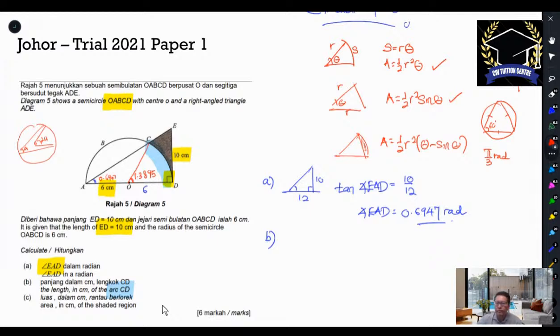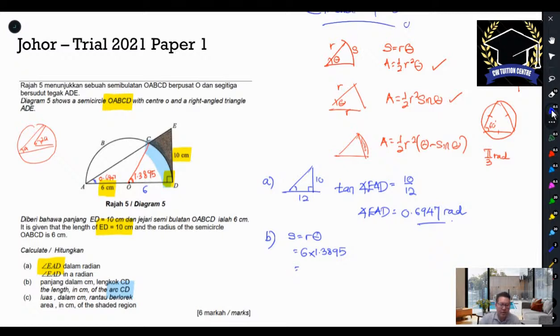So to find the length of CD, we are using this formula, S equals r theta. The radius I know is 6. The angle is 1.3895.